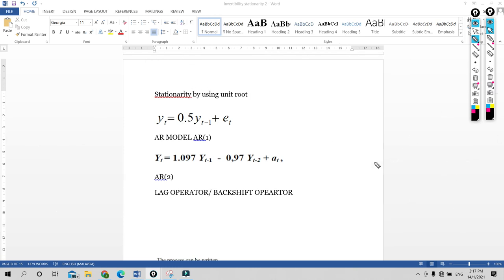So looking at this AR2 model, the model here is given as y_t minus 1.097 y_(t-1) plus 0.97 y_(t-2) equal to epsilon t.